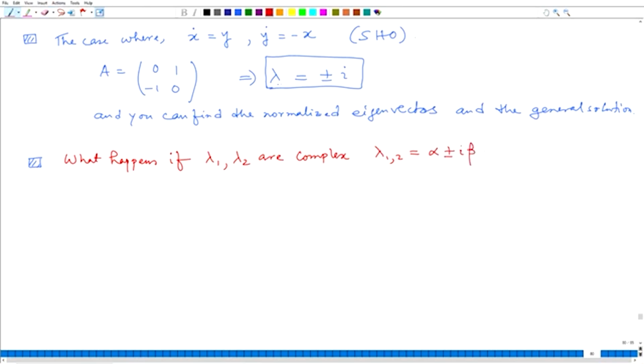As I said, the entries of the coefficient matrix are always real. So, even if the eigenvalues are complex, they should be complex conjugates. So, alpha plus minus i beta, and alpha is not equal to 0. If alpha is equal to 0, then of course, you have this case of simple harmonic oscillator. If this is not equal to 0, then what happens?